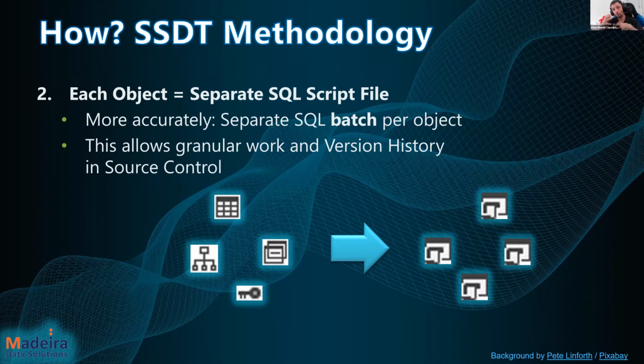Although if you have each object in its own file, it would be beneficial by allowing granular work and version history in the source control, because source control works by files. So if you have something change in one object, it will be very easy to track in source control if it is in its own file.